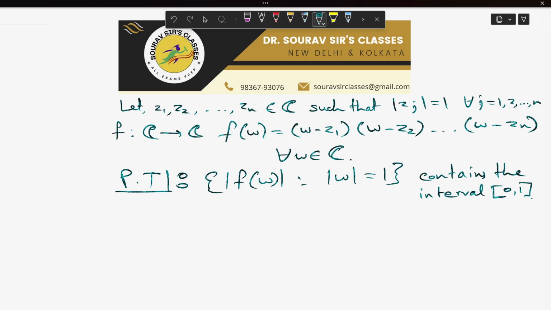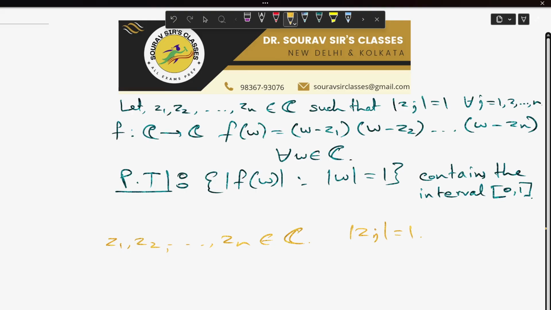So let us understand the function first. Z1, Z2, up to Zn belong to C, with the property that modulus of Zj equals 1 for all j.